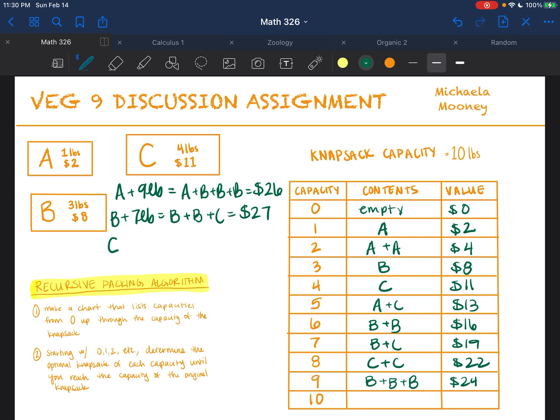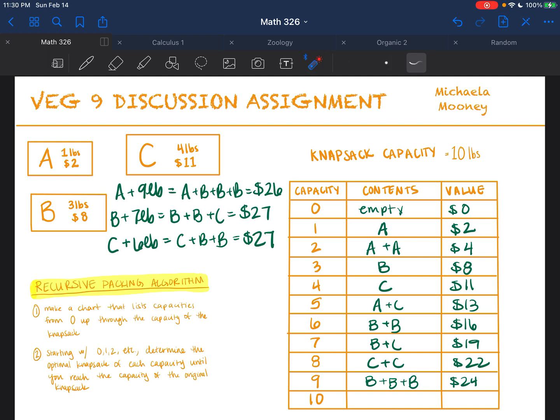And finally, we have C, which weighs 4 pounds. If we fill 4 out of our 10-pound capacity, we have 6 pounds left to fill. We know the best way to fill that 6 pounds is to use B plus B, which is 16. So we do original C plus B plus B, and B plus B is $16. C is $11, and together that makes $27.